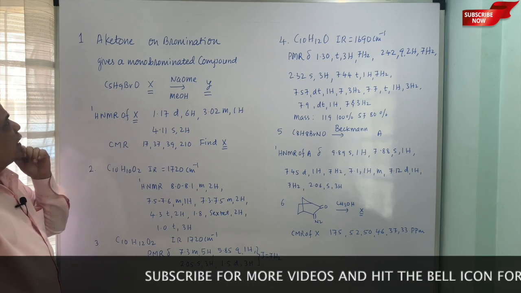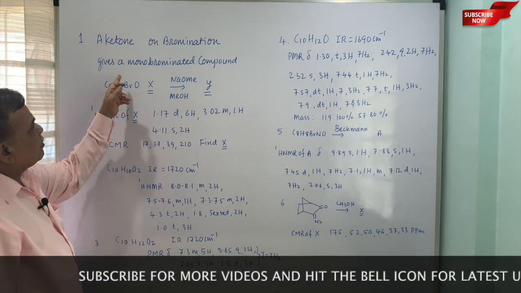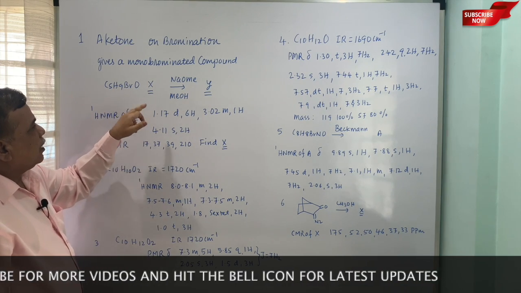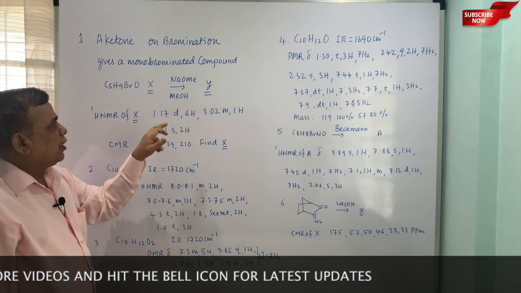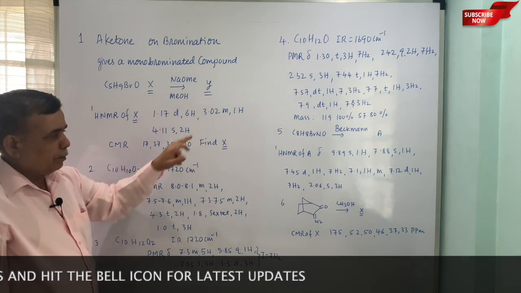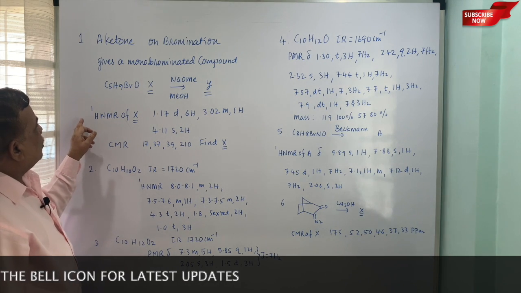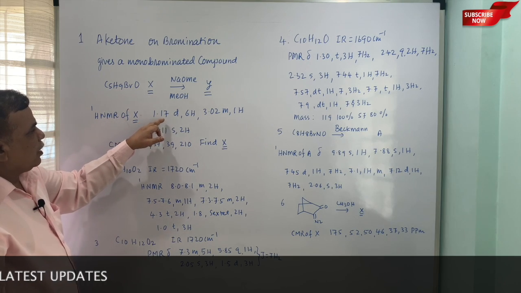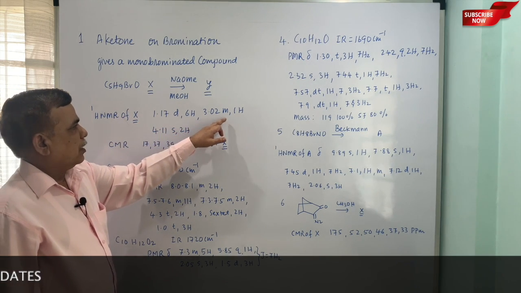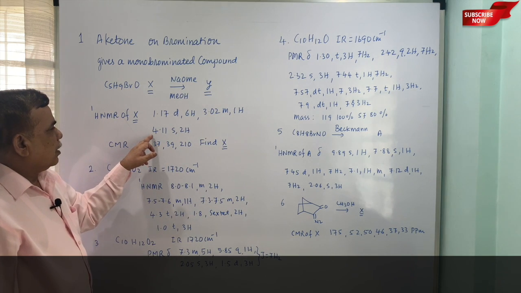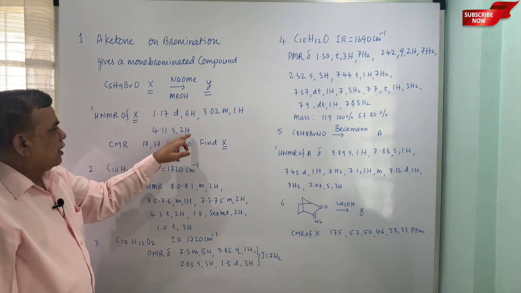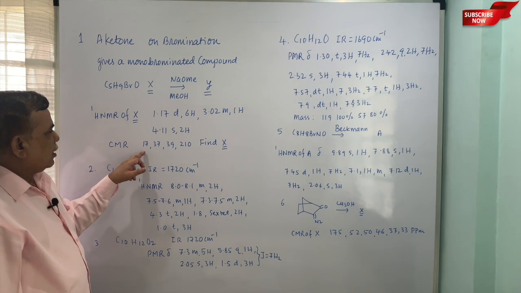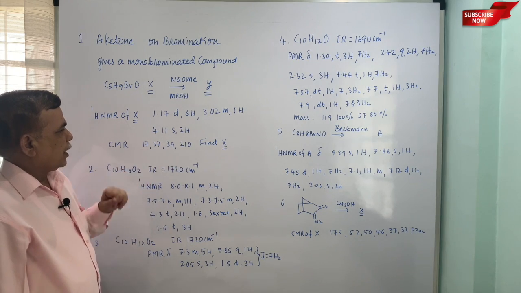First example: a ketone on bromination gives a monobrominated compound X, which on treatment with sodium methoxide in methanol gives Y. The proton NMR spectrum of X is 1.17 doublet for 6 protons, then a multiplet for 1 proton, and 4.11 singlet for 2 protons, followed by CMR 17, 37, 39 and 210.